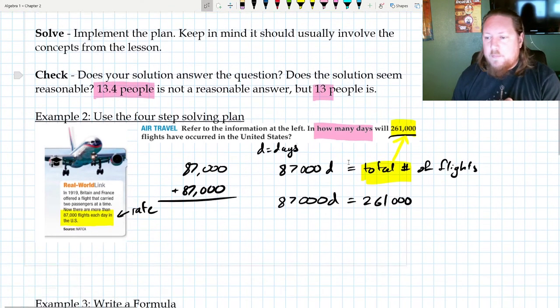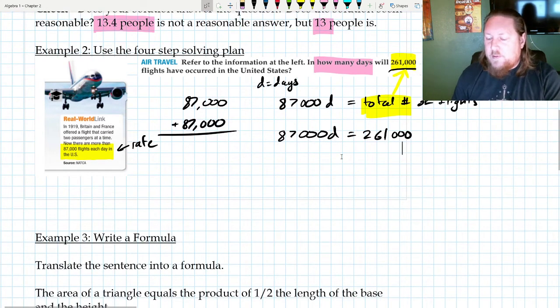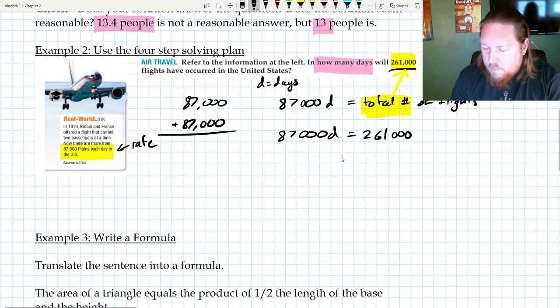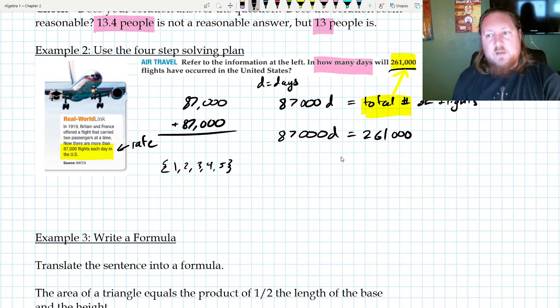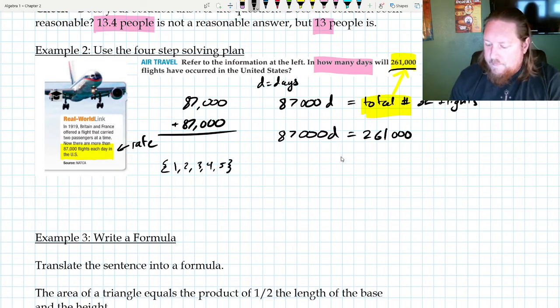I am going to use a replacement set. So we're going to check it for 1 day, 2 days, 3 days, 4 days, and 5 days, and we're going to see how close we get.